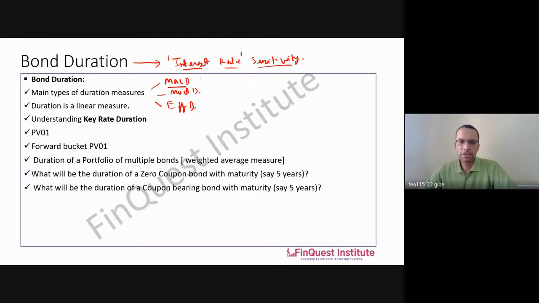Macaulay duration can be seen in two ways. One is the interest rate sensitivity, so you can call that a measure of sensitivity to the underlying rates. The other way to put this is to have an idea of how much time it would take for an investor to receive their entire investment back from an interest rate product.